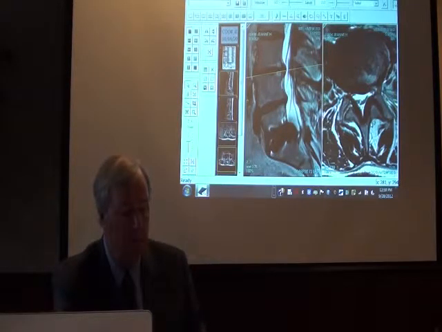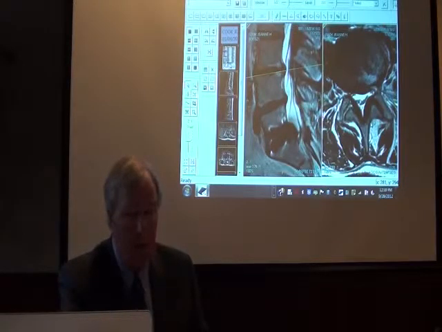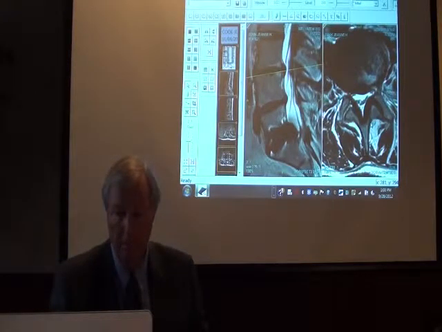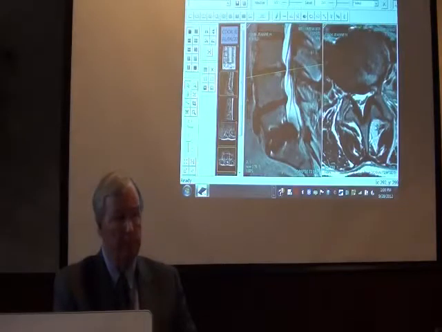So my recommendation to her would be exploration, decompression at both L3-4 and L4-5 with disc removals and interbody fusions. In your opinion, did anything need to be addressed at L5-S1? No. You were pleased with the positioning of the plug still and the level of fusion, correct? Yes, and the decompression.